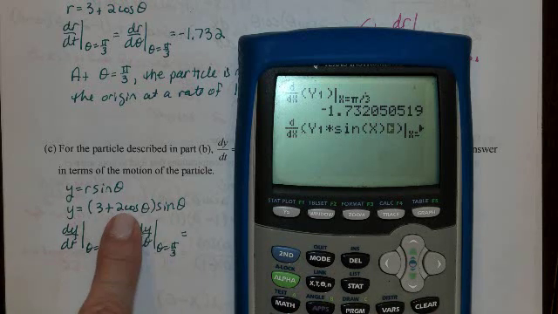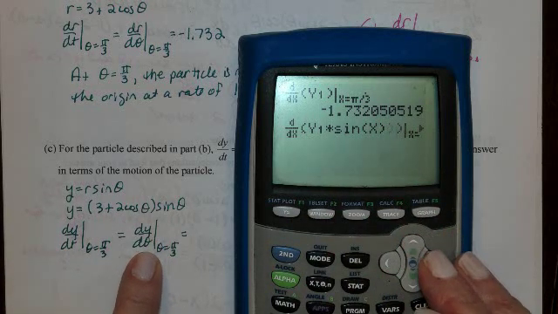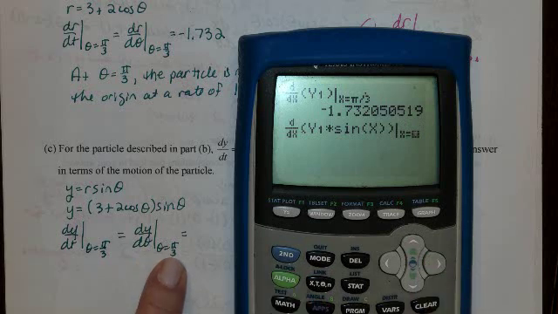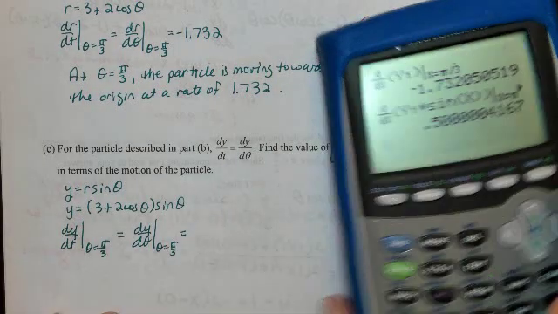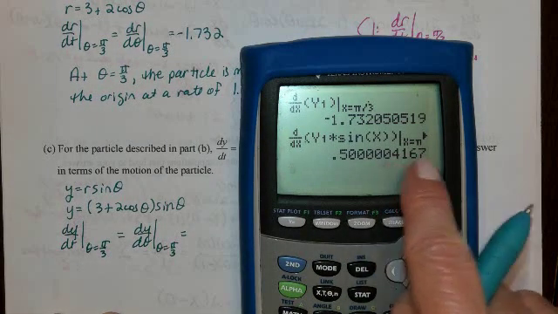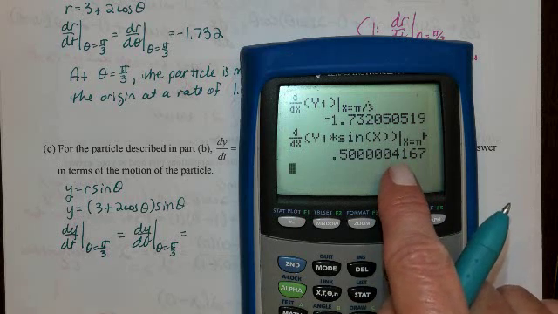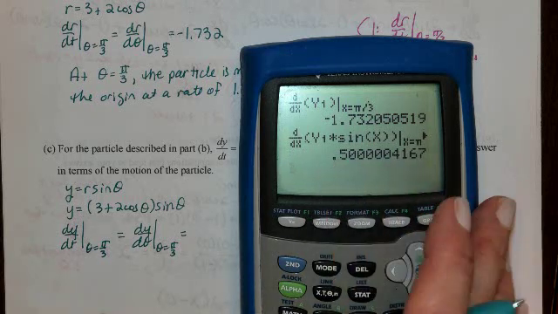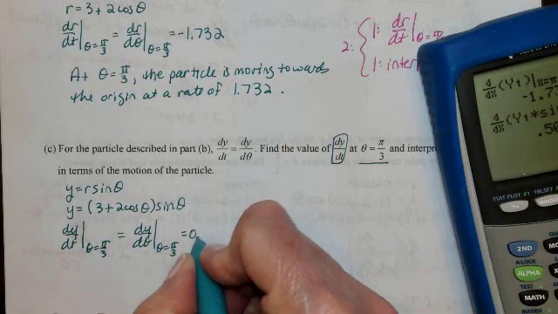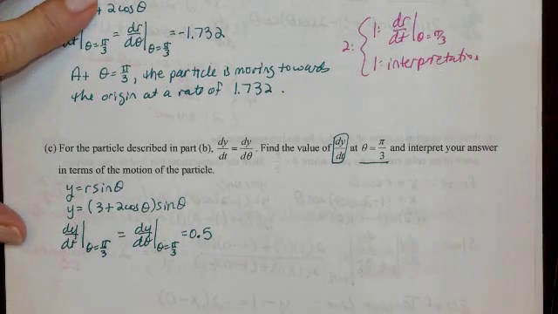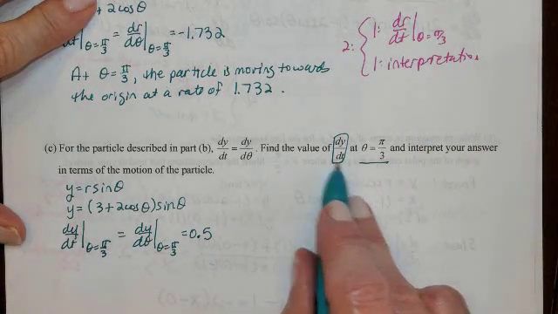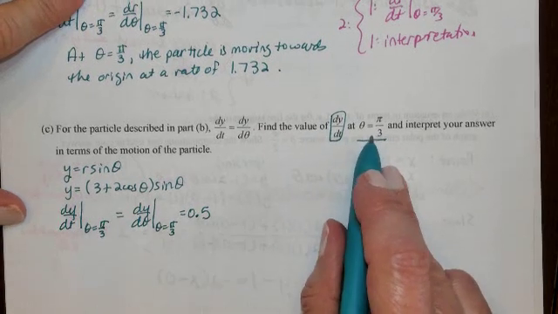That's what I'm taking the derivative of, and I need the derivative at pi over 3. So here it's going to be 0.5, right? Again, there's a little numerical method error here to this derivative, but it would be exactly 0.5 if we did this by hand. So 0.5, and now that is dy dt at theta equals pi over 3.